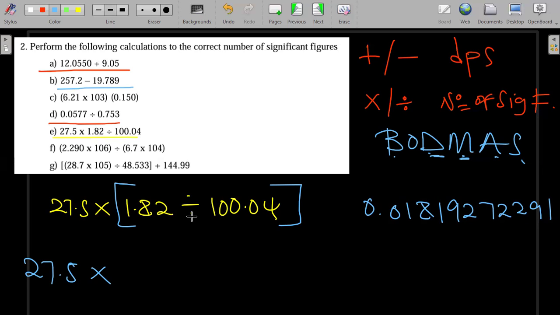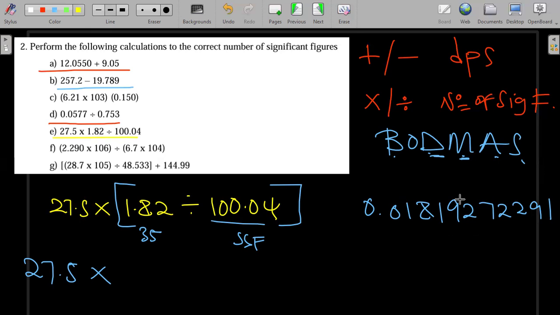So here now I was dividing. So the answer that I should get when I divide should have the same number of significant figures as the number that had the least number of significant figures. So here, this one has 5 significant figures, and this one has 3 significant figures. So it means my answer when I divide this should have 3 significant figures.